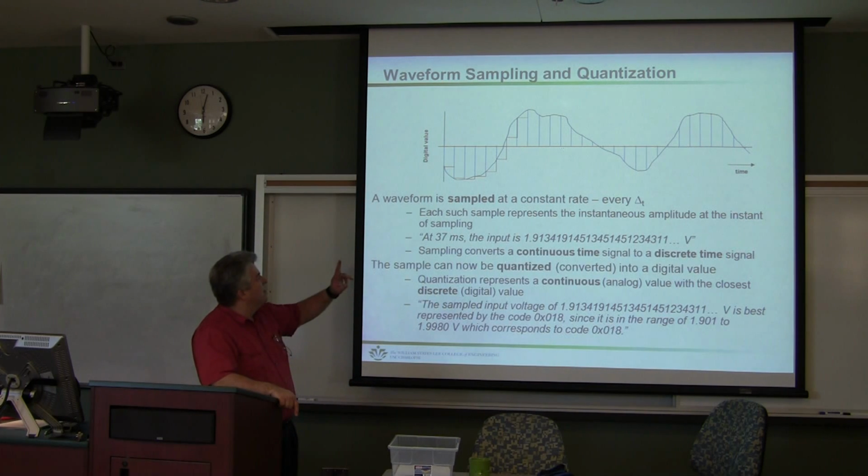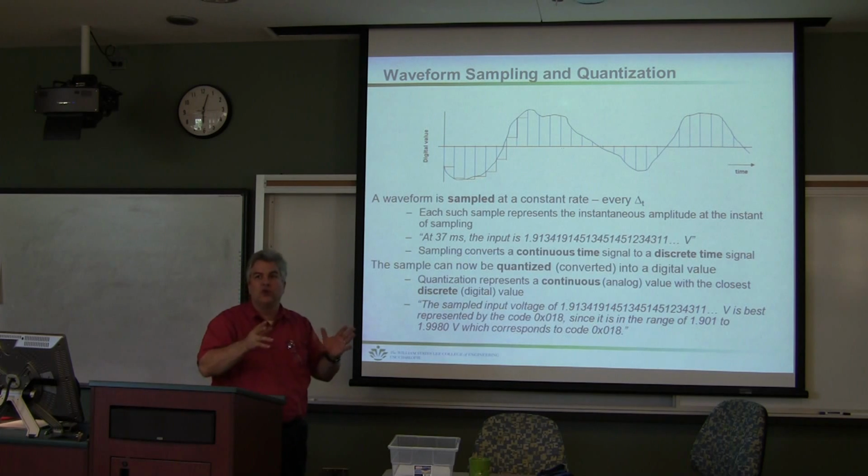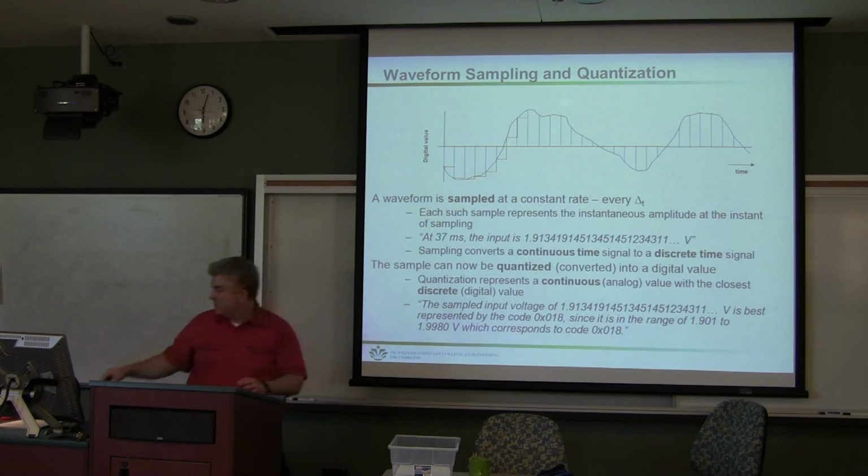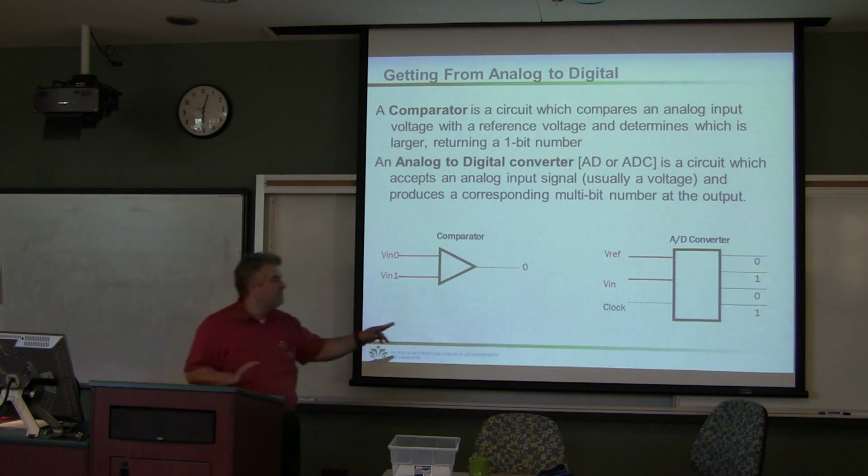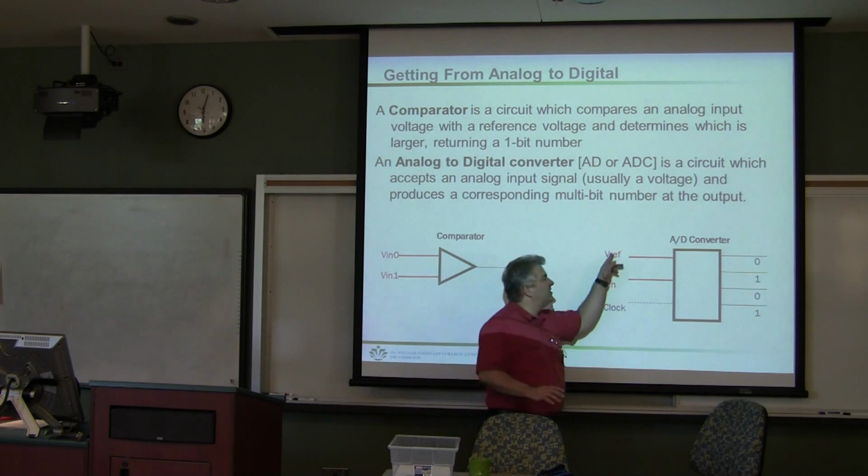So we will convert some sort of value into, as close as we can, the closest number we can get to. Because remember, this is a continuous signal, and in the digital world, we're really limited to what we can measure.